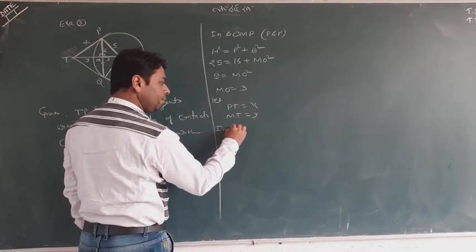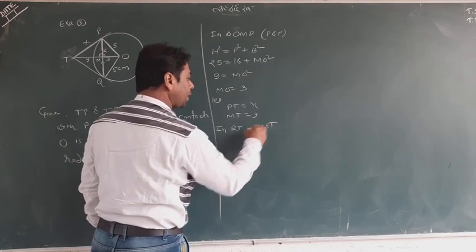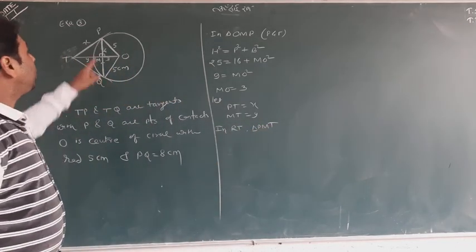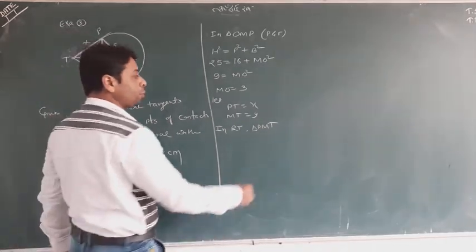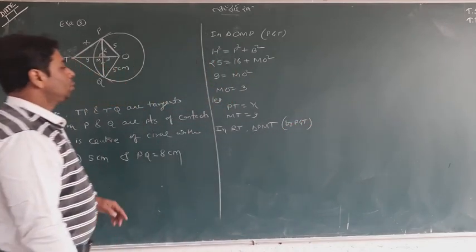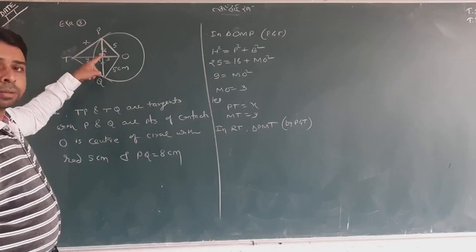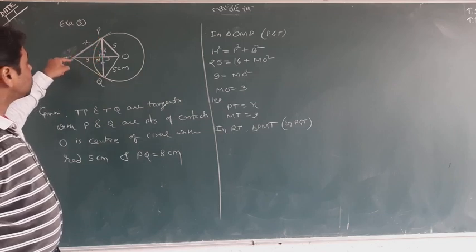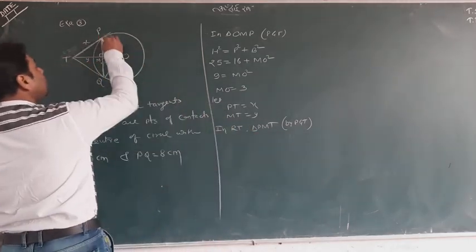In right triangle PMT, which is 90 degrees, I use Pythagoras theorem, PGT.